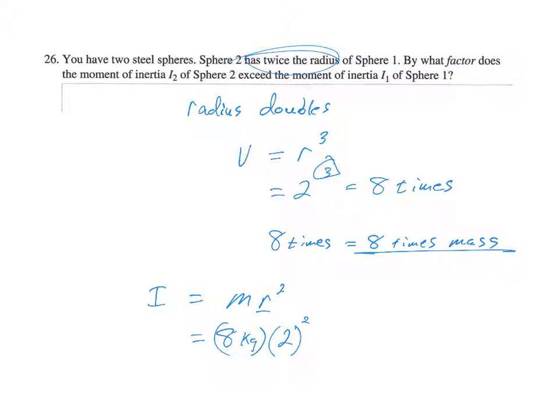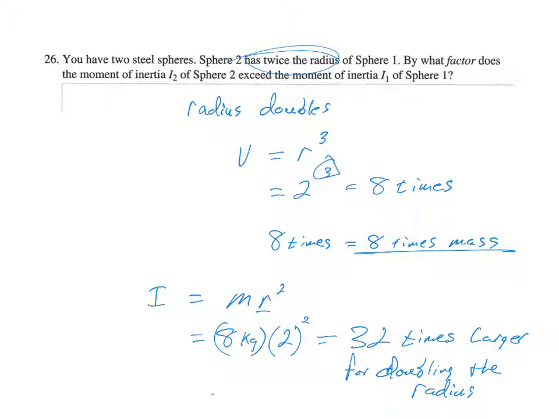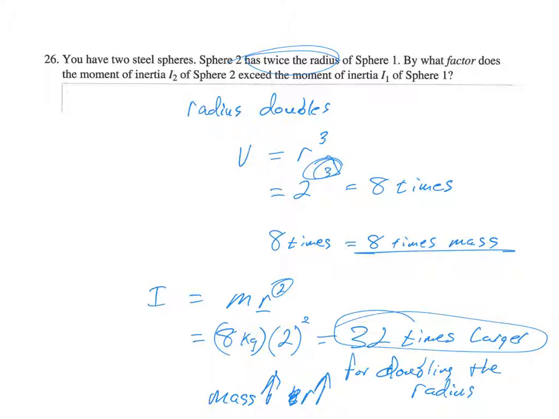So 2 squared is 4, 4 times 8 equals 32 times larger for doubling the radius. Because both the mass goes up and the volume goes up, or the radius, I should say. The radius goes up. But because of the squared and the cubed, it goes up a lot. 32 times bigger. Hope that helps. Bye-bye.